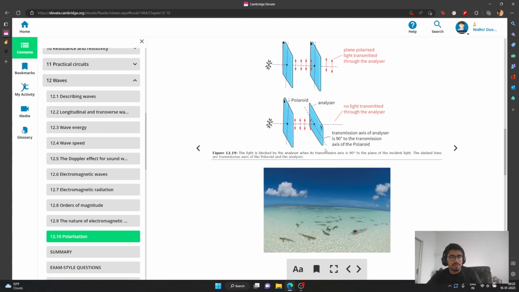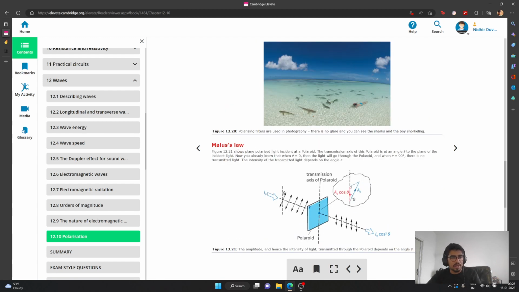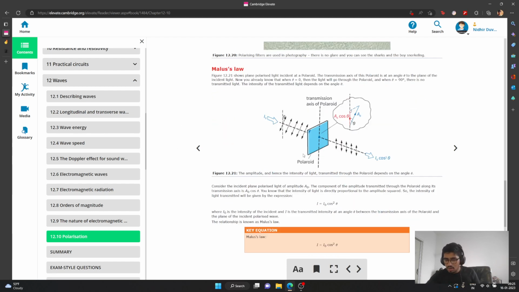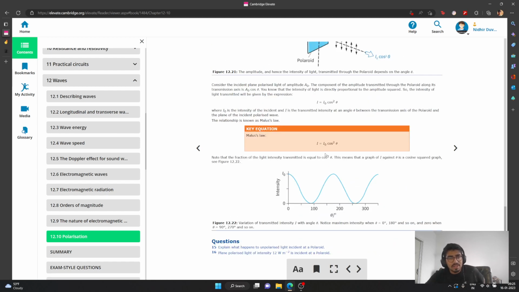This concept we embody in Malus's law. We say that maybe the angle between them is theta degrees. Then the intensity of the light that comes out will be given as the original intensity times cos squared theta.